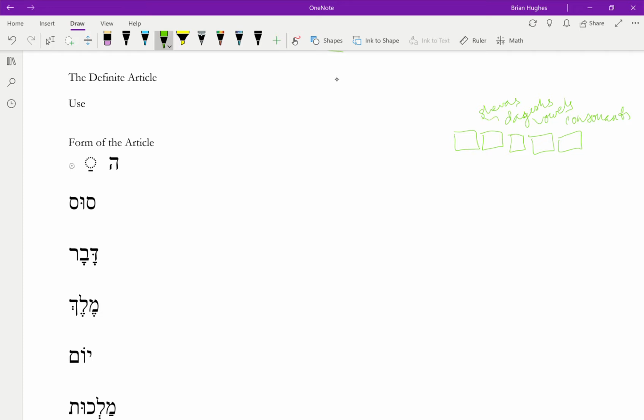And these are important for syllabification. What are the syllables? Things like that. And now we've added pronouns. Oh, we also had nouns in the last chapter. So now we've added pronouns, and here we're adding the definite article.